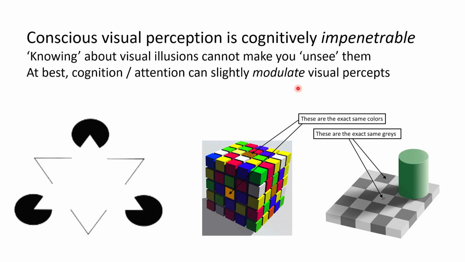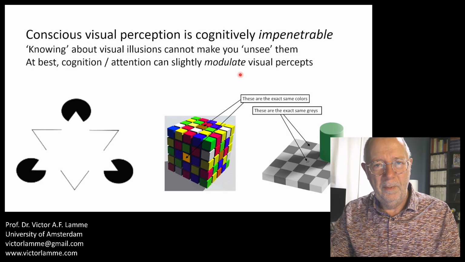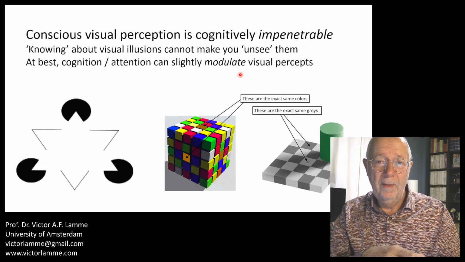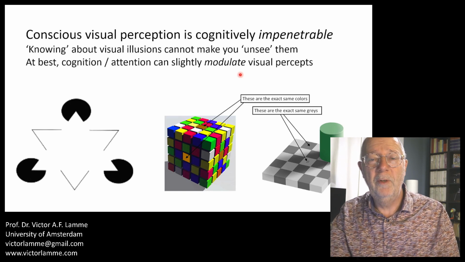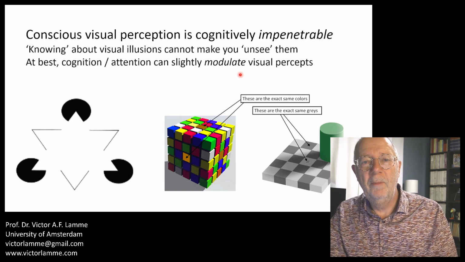But in essence, visual perception is enclosed, a thing which is not accessible by cognition. And of course, that's very much in line with all these attentional manipulations not being able to disrupt the visual processes, not even the higher level visual processes like inference, perceptual organization, and what have you.